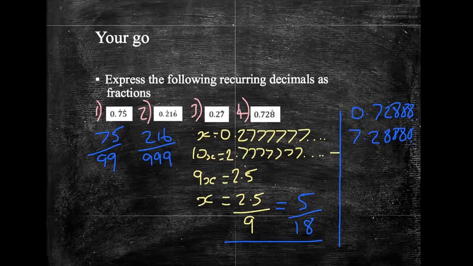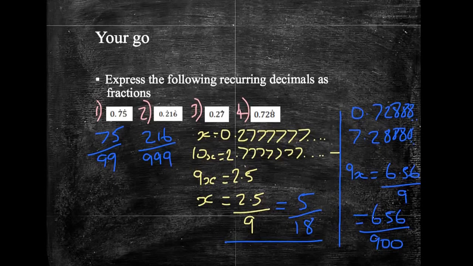If I take one of these away from the other, I'm skipping a step here, but you should get 9x equals 6.56 over 9, which doesn't look very nice. Multiply top and bottom by 100, sorry, so you get 656 over 900, which then you might be able to cancel down. I can see straight away that you can halve top and bottom, and you could have a go at doing that until you get to something that makes sense.